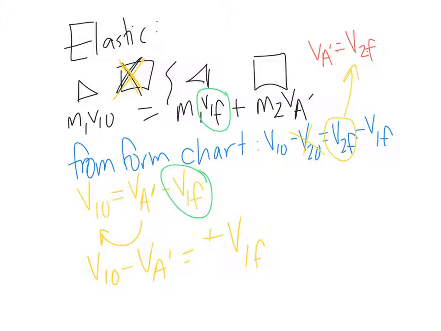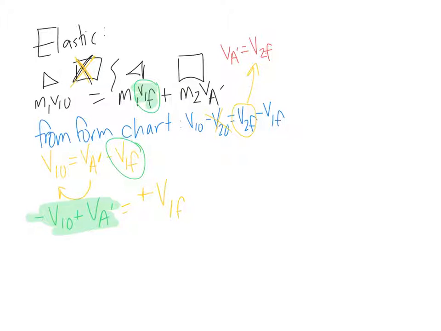And then I can swap my signs so that I end up with my positive value of V1F there. So now I'm going to take this value and use it to replace this value here. Shrink that down, give myself some space.